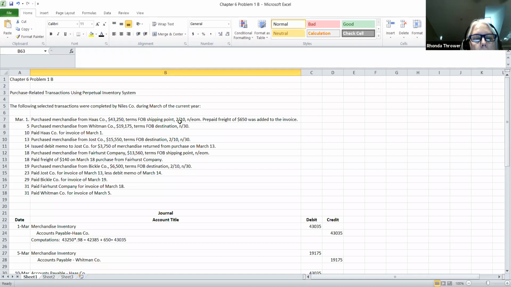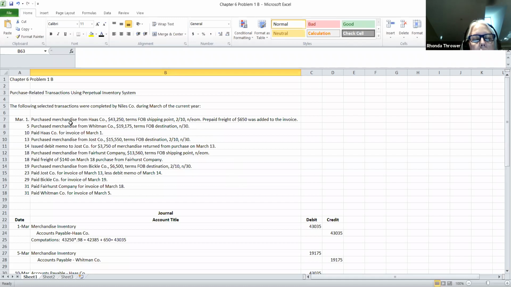And in this chapter, anytime a supplier offers a discount, the customer is going to take advantage of that discount. The net amount is what they're going to be paying, and so they're going to record this transaction at the net amount.